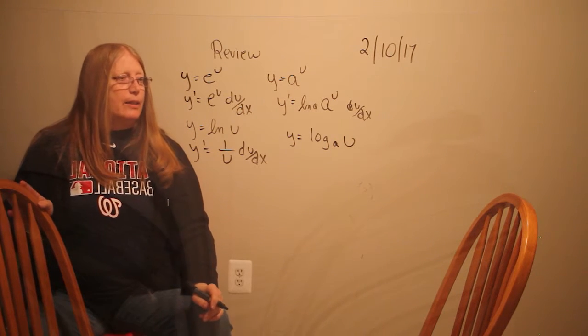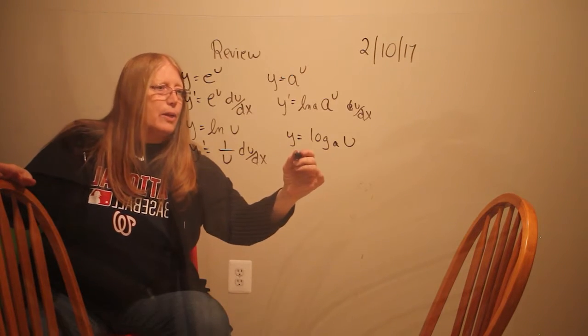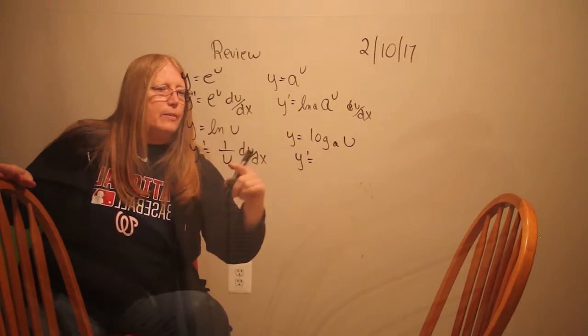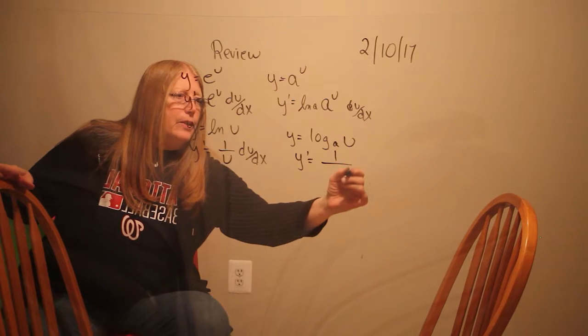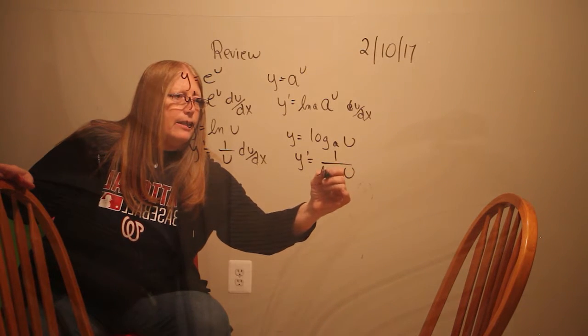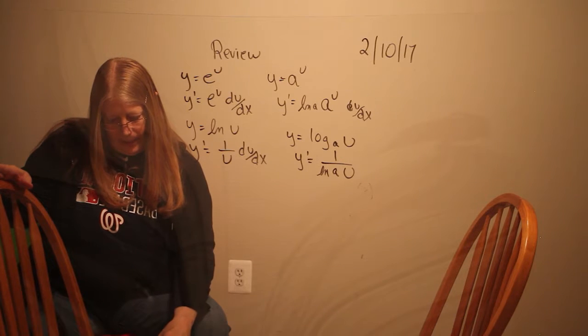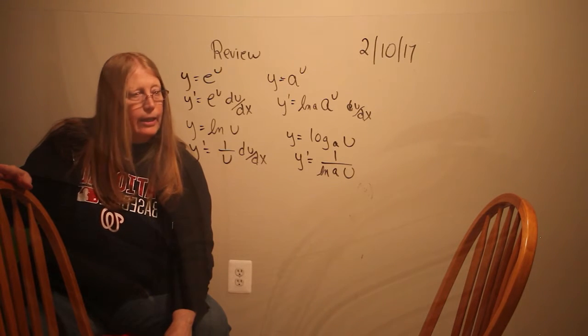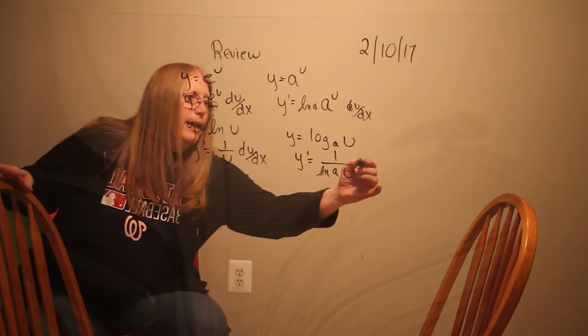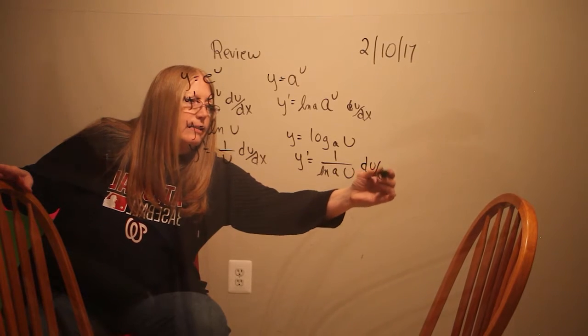Again, an expression in x. y prime is similar to this. It's 1 over u, but there's another factor, and that factor is ln of a. So that tags along when the log is to a different base other than e. All right, so followed by, of course, du dx.